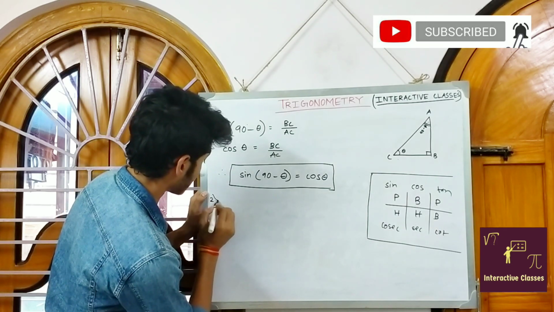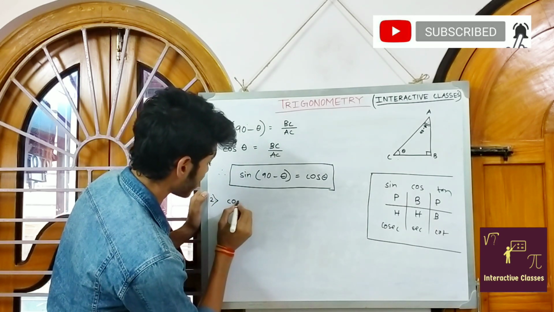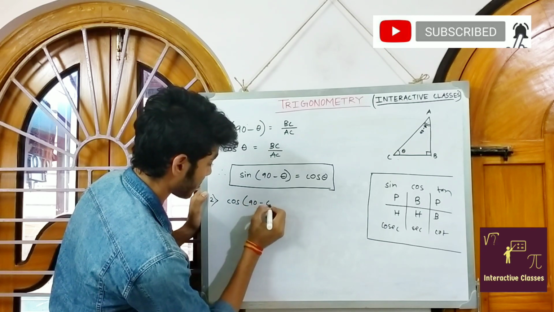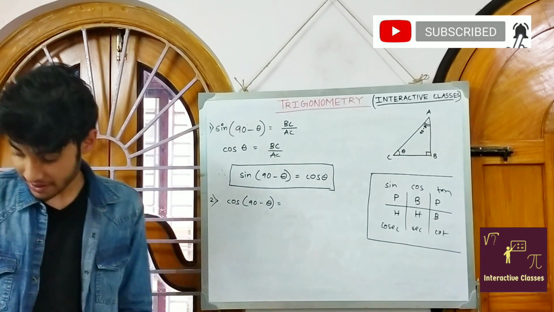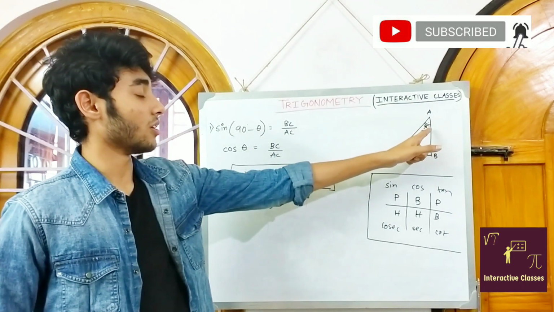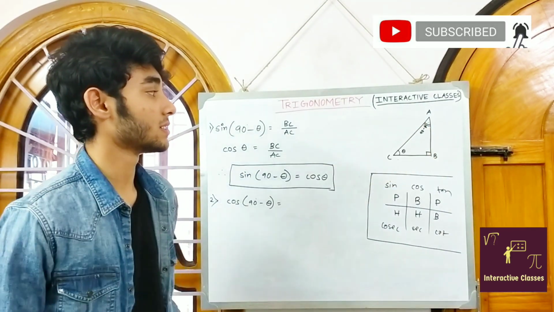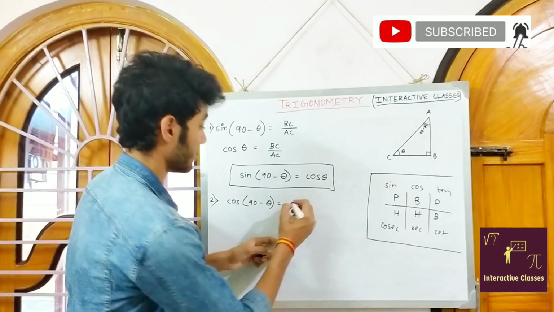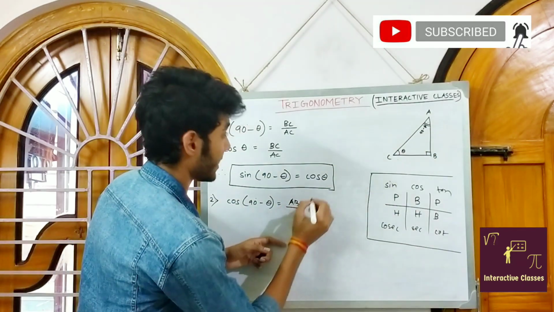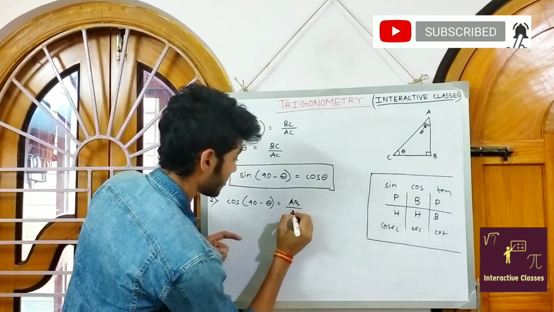Now coming to the next. Now we will find out cos 90 minus theta. Cos 90 minus theta, if you see from this aspect, is base by hypotenuse. Now the base here is AB and the hypotenuse is AC.